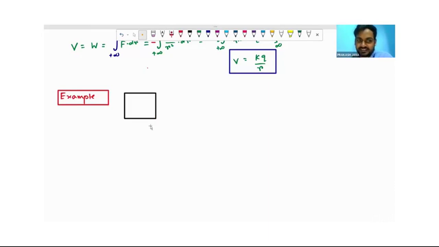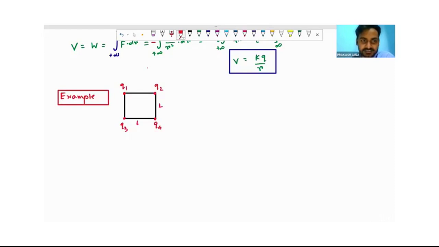This is nothing but a square only, but at the vertices of the square few point charges are placed. Okay, this and here also. What are the magnitudes of the charges? Let us take them as q1, q2, q3 and q4. What is the arm of this square? Let us say L.